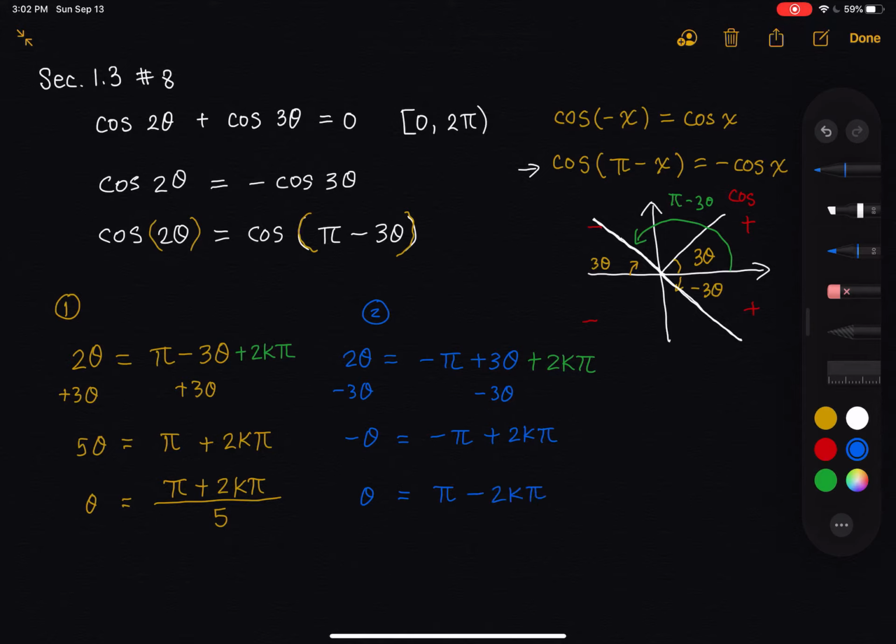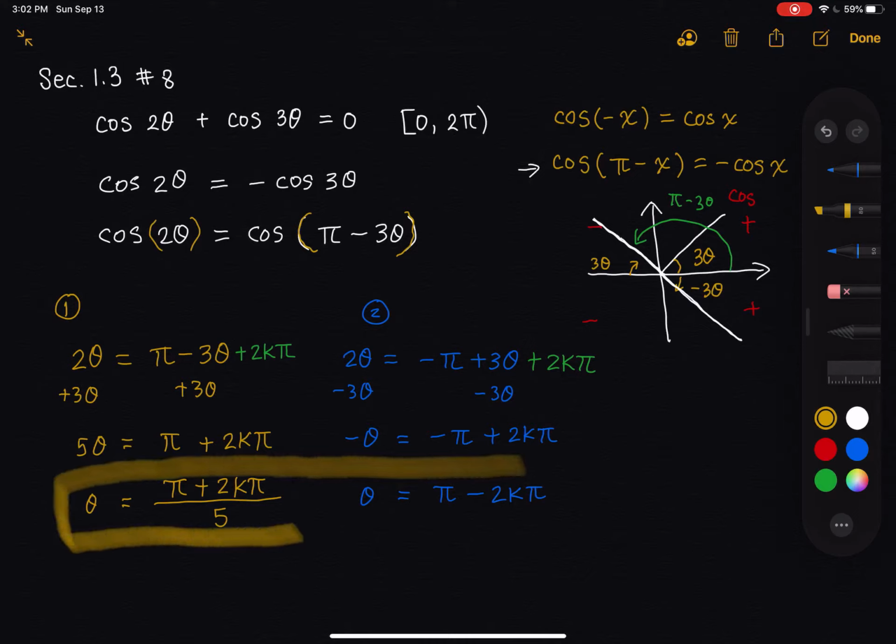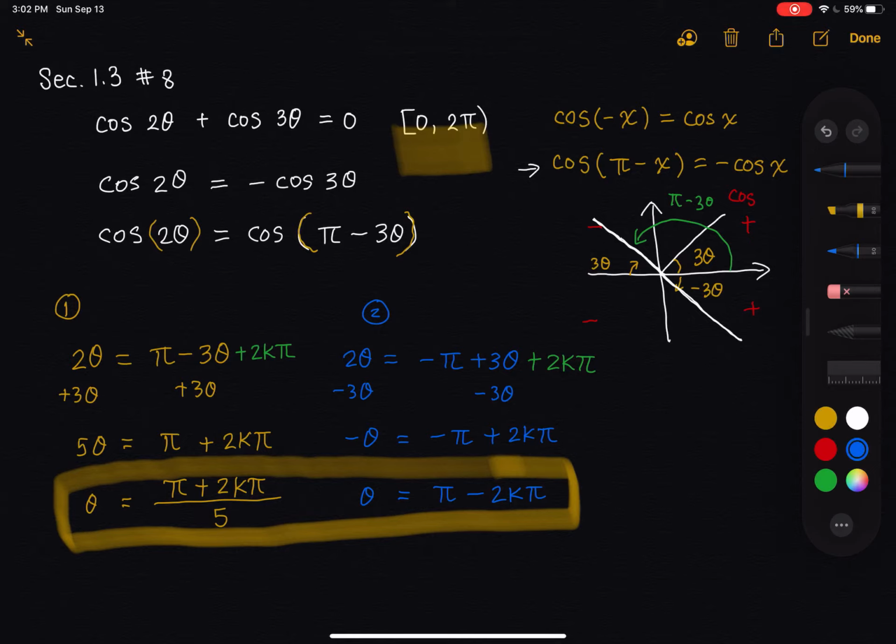This is a general solution. But the question is asking for particular solutions in the interval 0 to 2 pi. So what we need to do is plug in values for k.